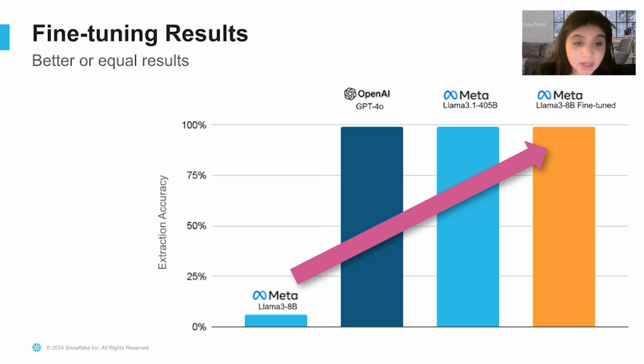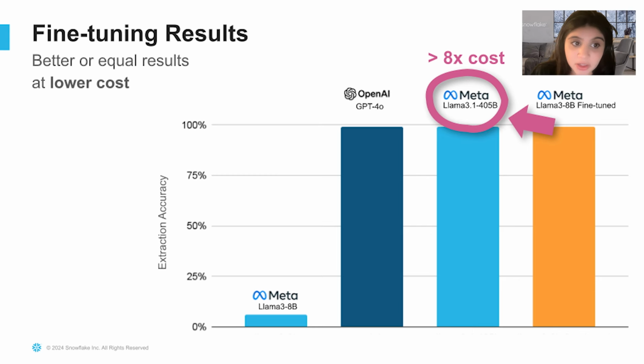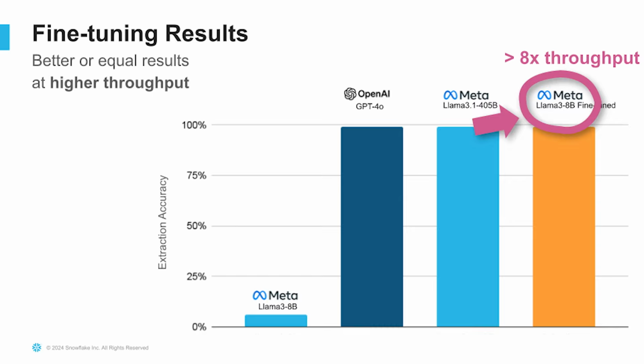We expect to see better or equal results with fine-tuning, and this is comparing Llama 3.1 with a larger context window of 4 or 5 billion params and 8 billion param. We also expect better or equal results at a lower cost, depending on the context window size. Lastly, we also see better or equal results for higher throughput for Meta 3B fine-tuned models.